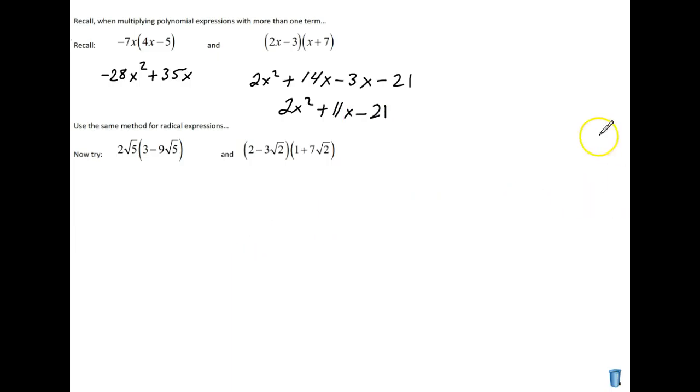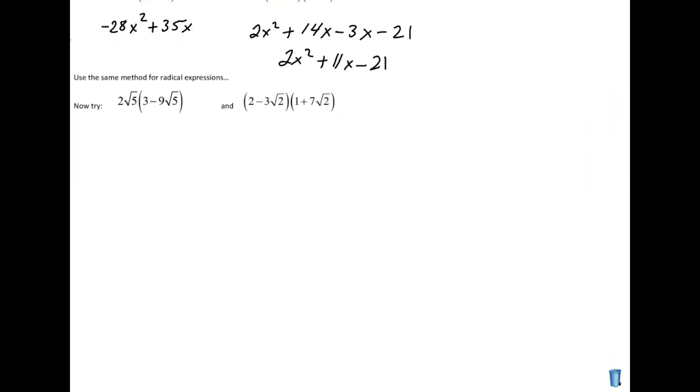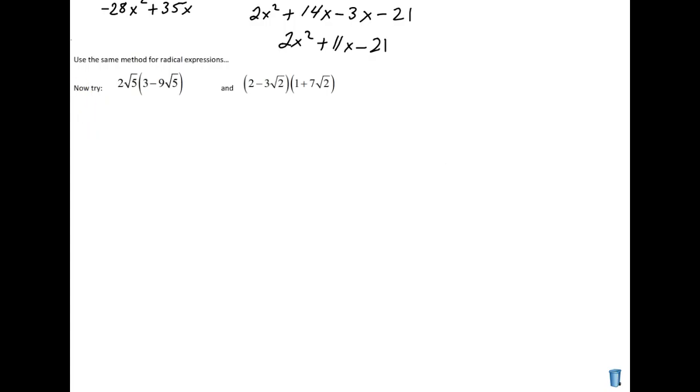Well, now we're going to do the same thing with our radicals, okay? So let's see how this works. 2 times the square root of 5 times 3. Well, 2 times 3 is 6, so 6 square root 5. And then here, I'm saying 2 radical 5 times minus 9 square root 5, so that becomes minus 18.